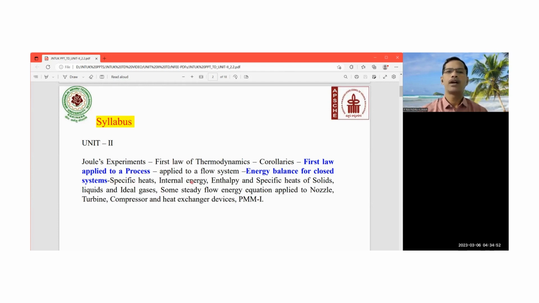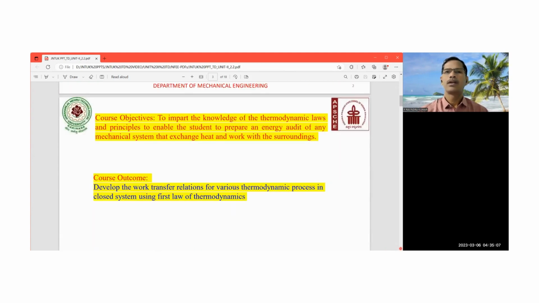In the second part, it is applied to the flow work. For today's class, we are going to cover non-flow work and its heat transfer relations.